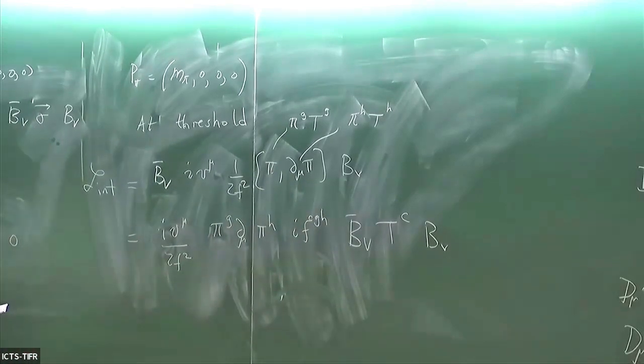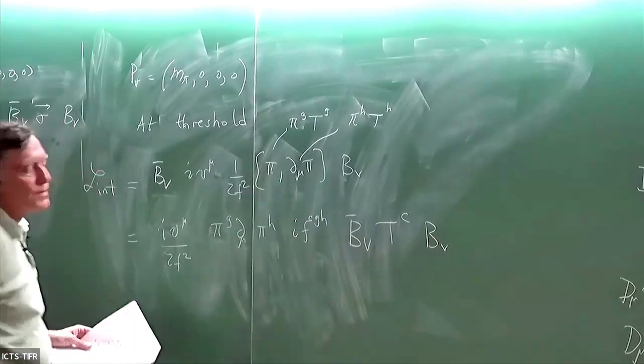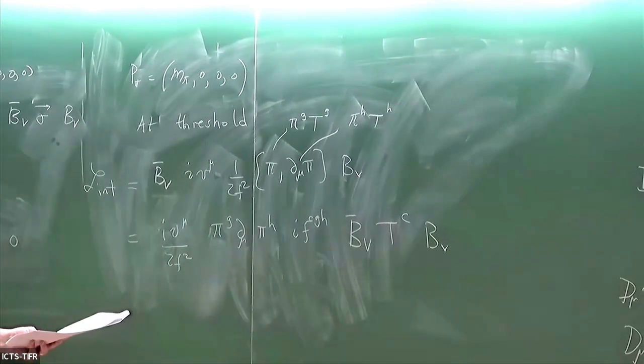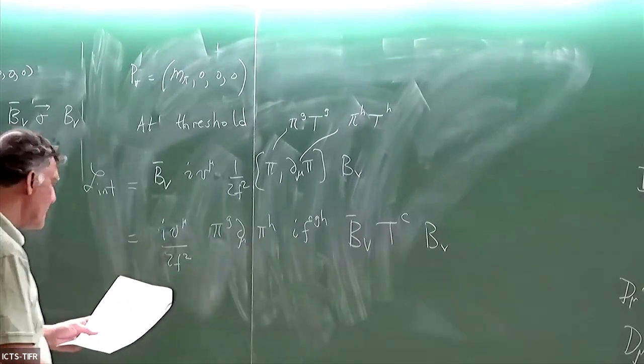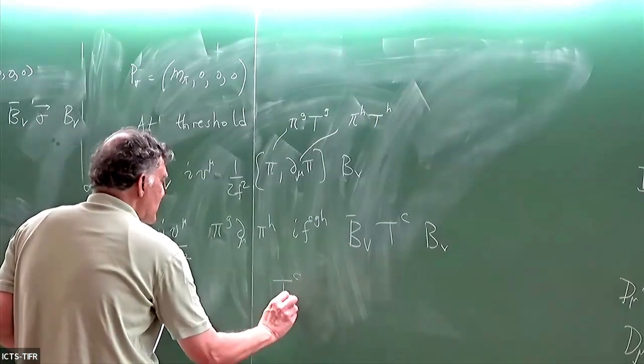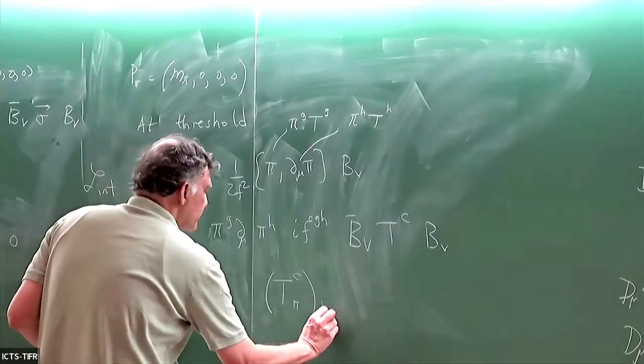And the pions transform as the adjoint representation under the flavor group, and I can write this. I just want to get the sign right, as Tc pi hg.